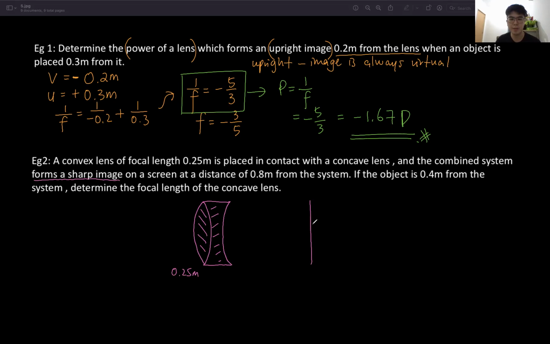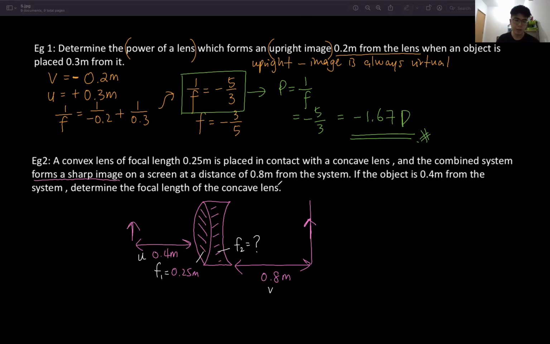Okay, so this is the screen. If the object is 0.4 meter from the system, determine the focal length of the concave lens. So we have F1, this is the convex, and we want to find F2. This is our U, this is our V.